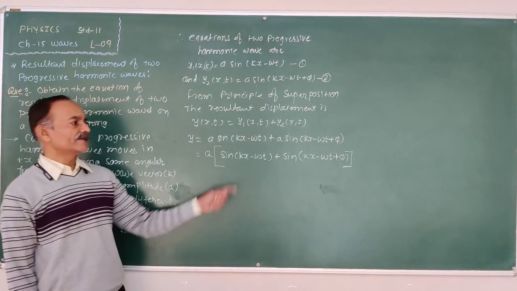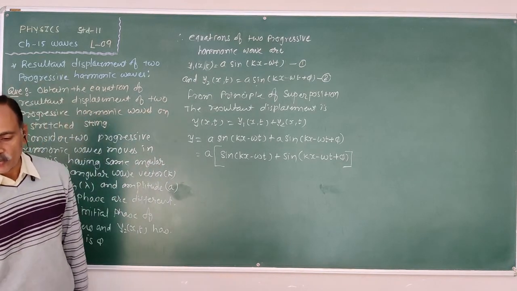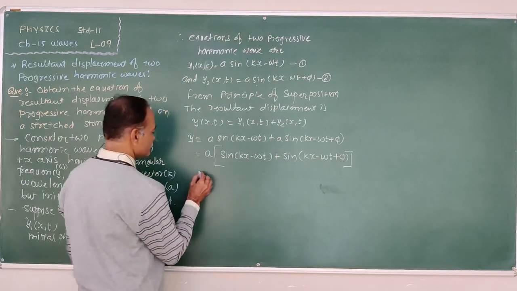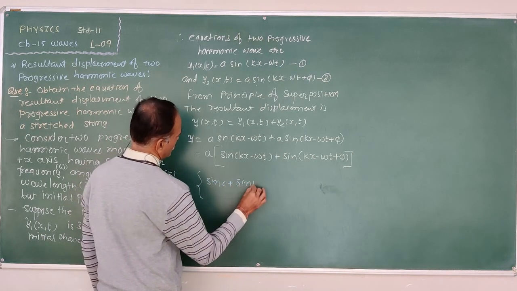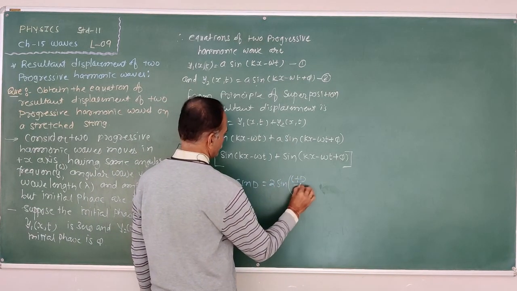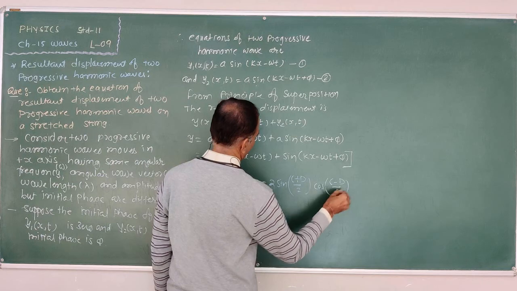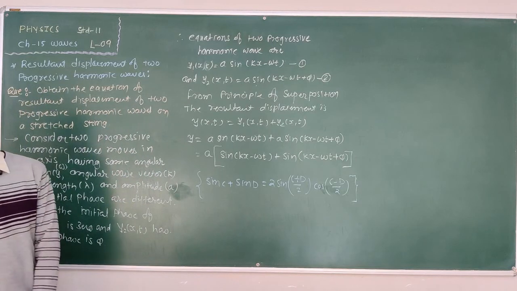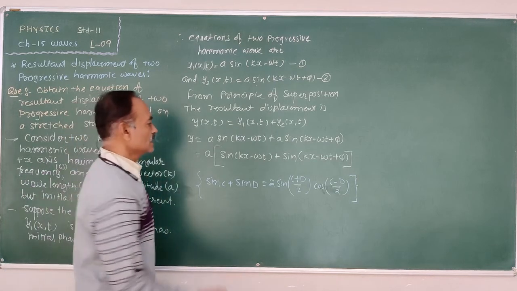Now, from trigonometry, we use the identity sin C + sin D = 2 sin((C+D)/2) cos((C-D)/2). Here we are using this concept of the addition of sines.